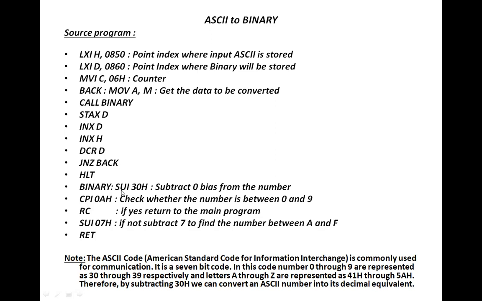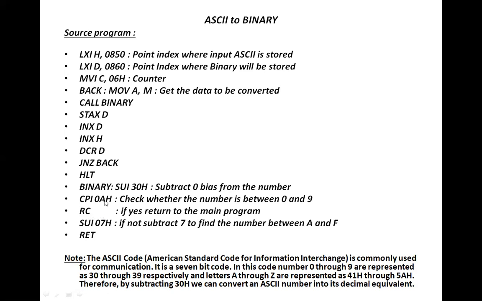What this binary subroutine does, first of all, it subtracts 30 from the number. Once we subtract 30, we have to check whether the number is less than 9 or more than 9. For that, we use the instruction CPI 0A. If the number after subtracting 30 is less than 9, then it is compared with 10, so naturally carry will be generated.